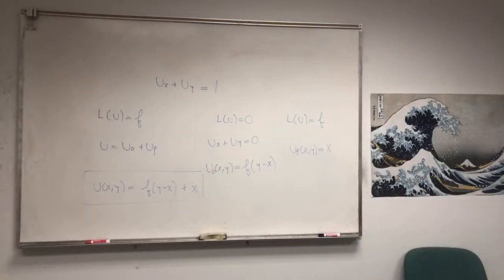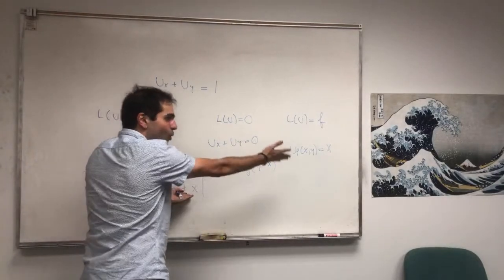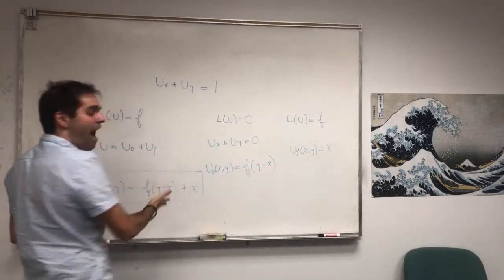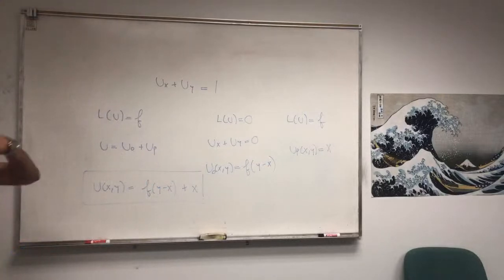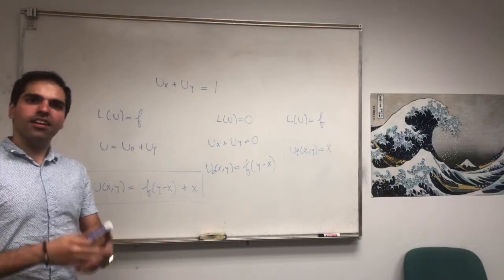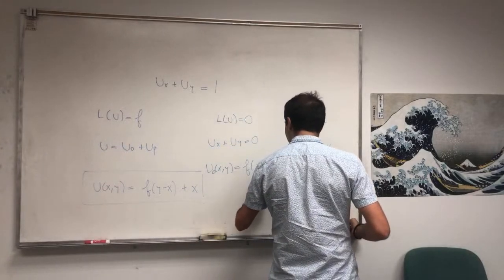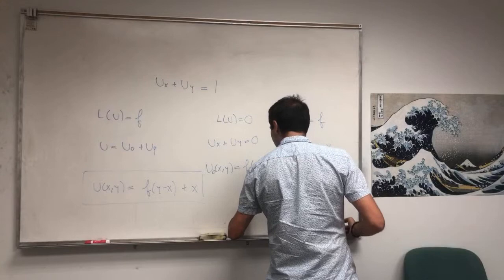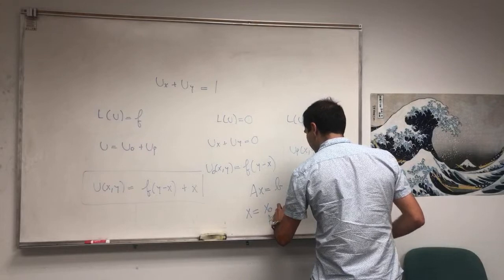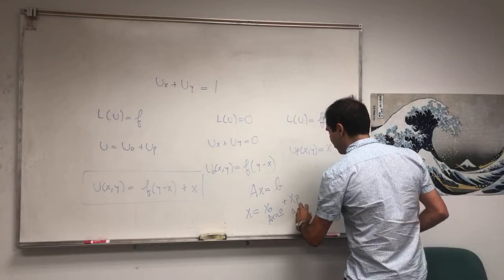Yeah, that is the beautiful thing. If you have just one particular solution and you add it to the homogeneous equation, it gives you all solutions of the equation. Just like in linear algebra in 121a or in 3a, to solve ax equals b, you find the general solution of ax equals 0 and add one particular solution of ax equals b.